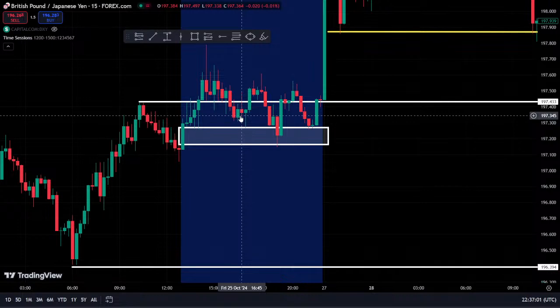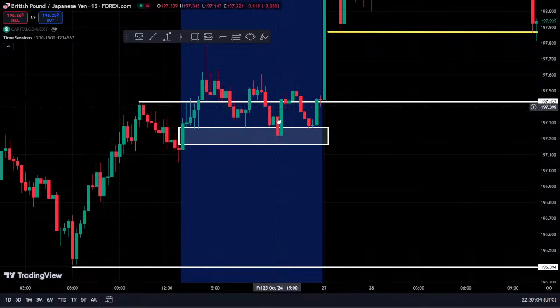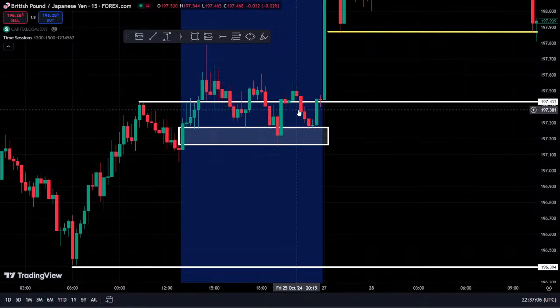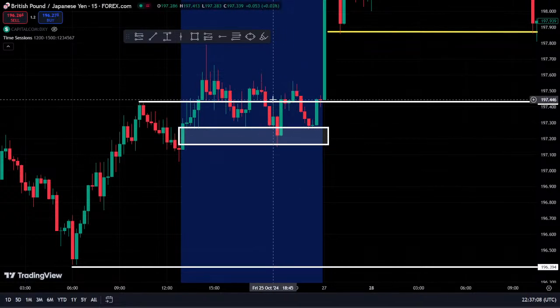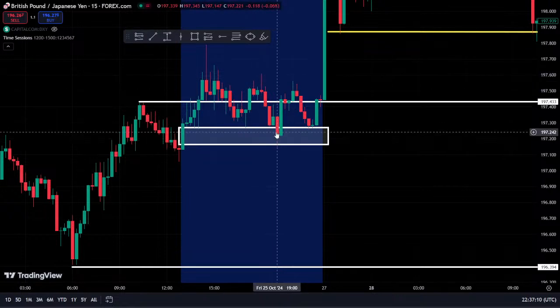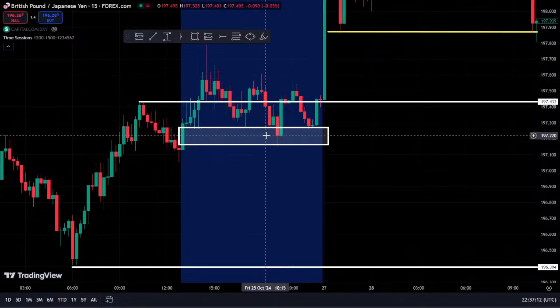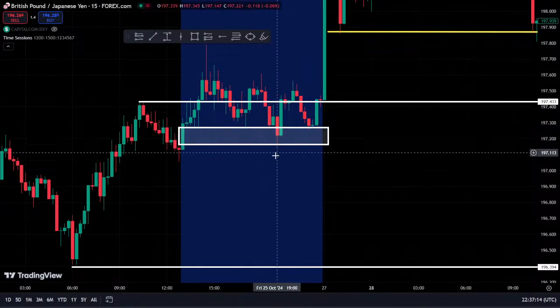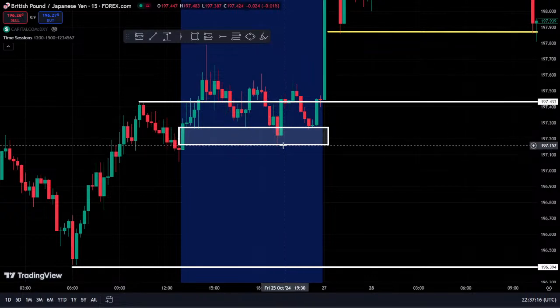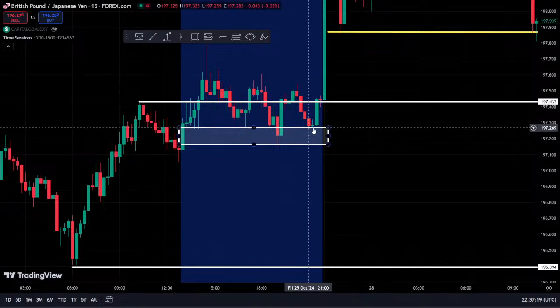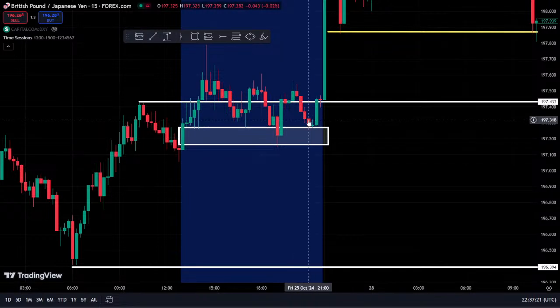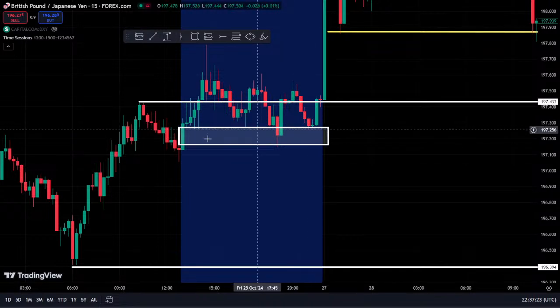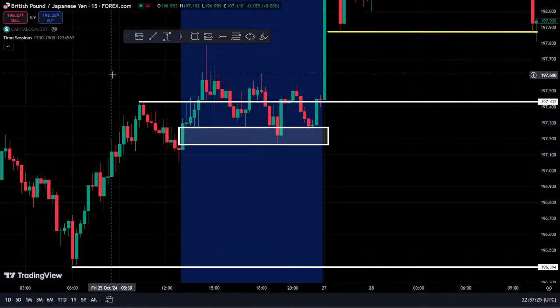As you go on, this is a confluence, since it doesn't break the fair value gap, and as you can see from here, it sits on it, in the easiest way I can describe that.